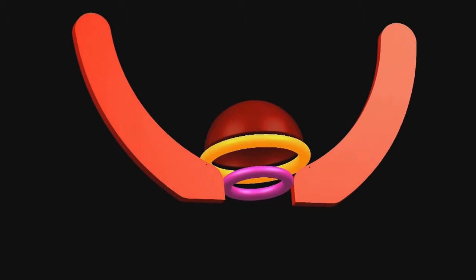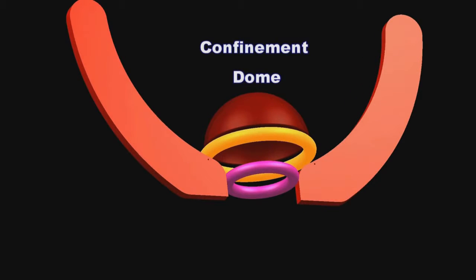In the bottom of the bowl, we find 3 magnetic substructures. Now we will slice the bowl in order to get a better view of these magnetic substructures. I have named these magnetic substructures the confinement dome, the flip ring, and the choke ring.